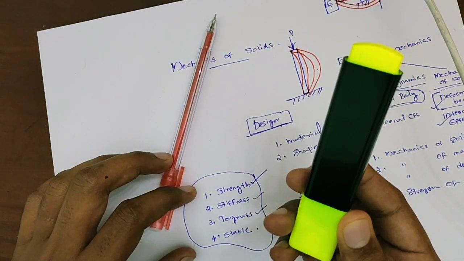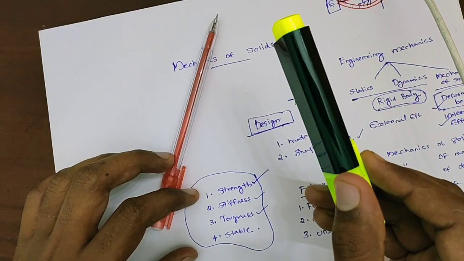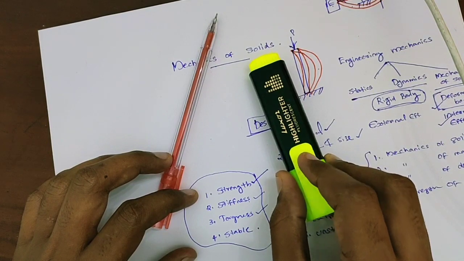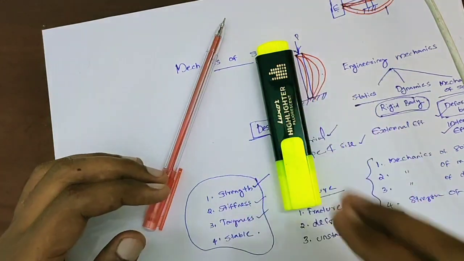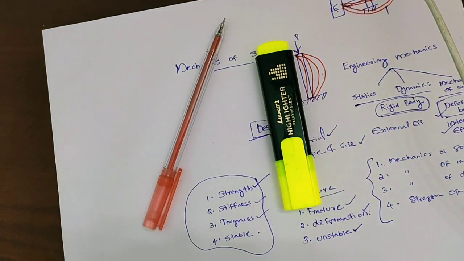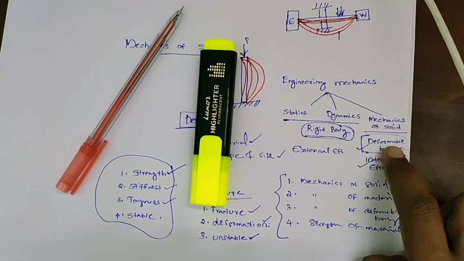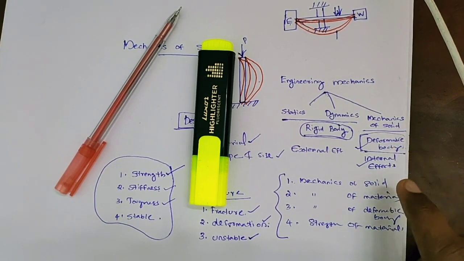What happens outside of this body when it is subjected to external force? That is an external effect. But in mechanics of solids we are only looking at internal effects. What happens inside the body? What are the reactions or internal forces developed inside the body when it is subjected to external loads? So these are the two important points: deformable bodies are used for the analysis, and second, internal effects.